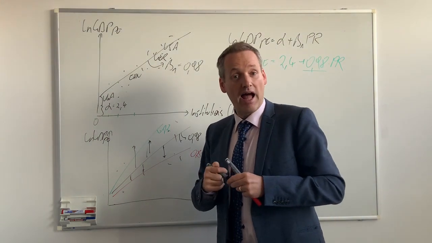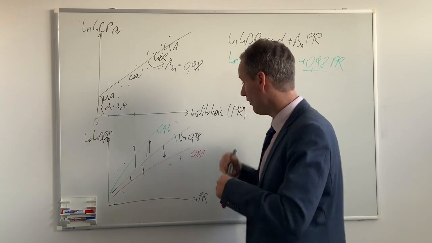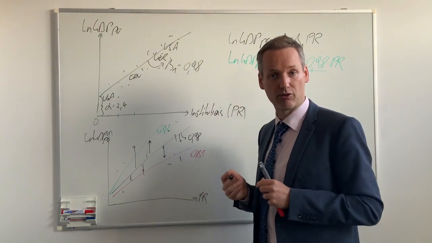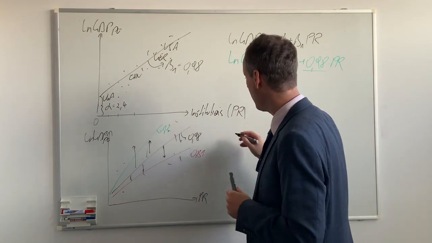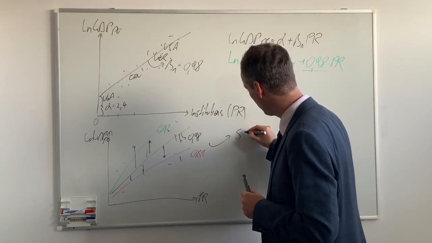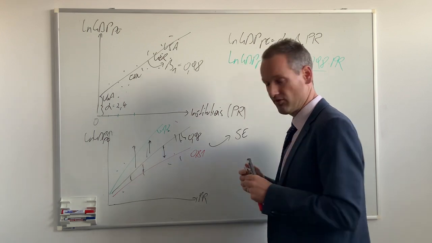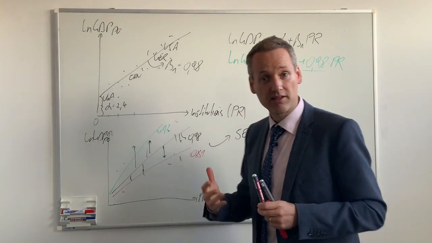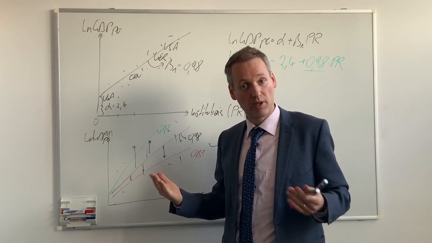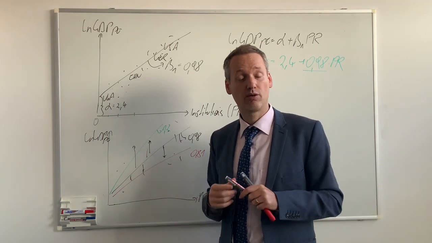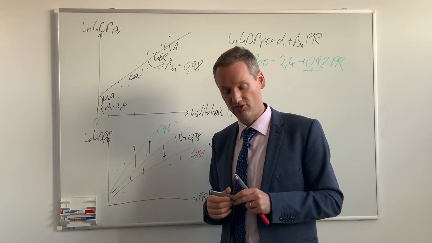Okay? I'm making prediction errors when I'm claiming that the true relationship is 0.98. I can take account of this prediction error, which would be, I'm trying to estimate then a standard error. So the error that I'm making can be translated to a standard error. Okay, standard error. If the standard error is very high, then that means that my prediction is not so good. If the standard error is comparatively low, then my prediction is better.